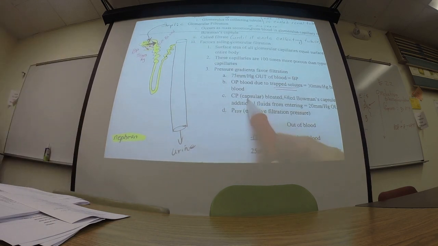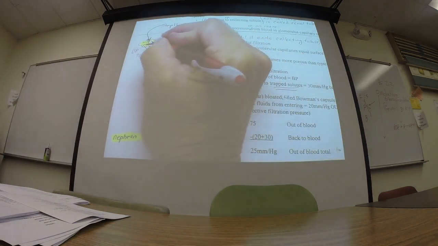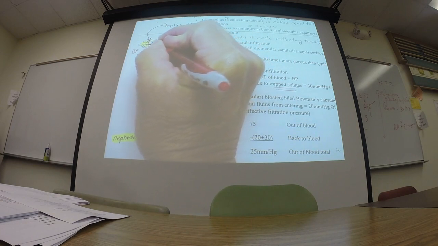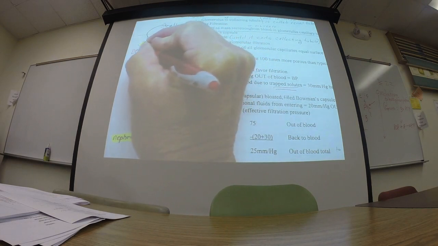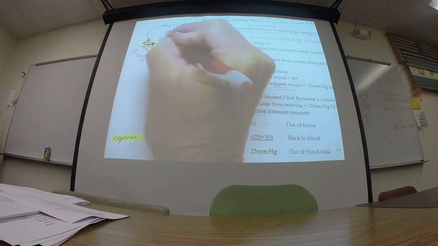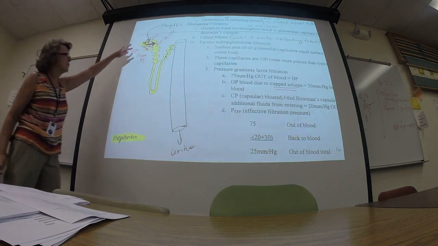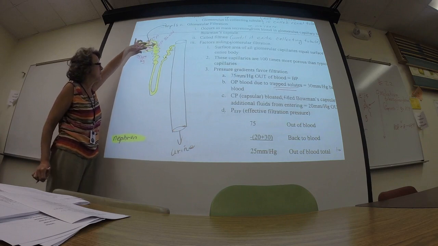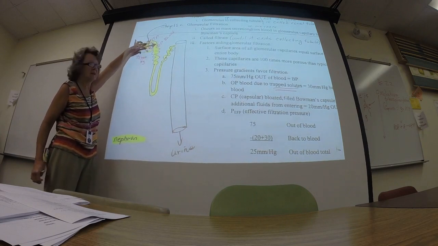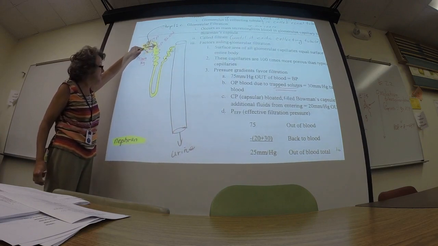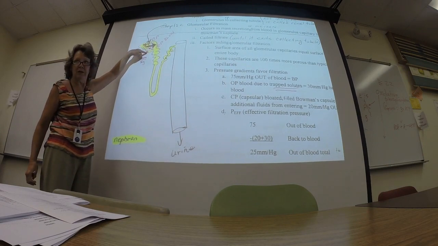That's called capsular pressure. So that's an outward, out of the nephron force, back in this direction. That's CP, capsular pressure. So you've got two forces trying to resist filtrate coming into the nephron, and one force, blood pressure, trying to push filtrate into the nephron.